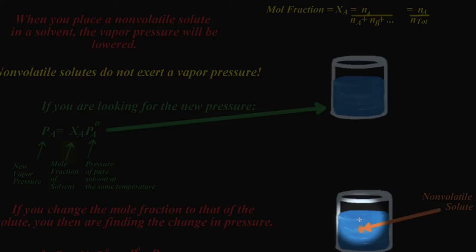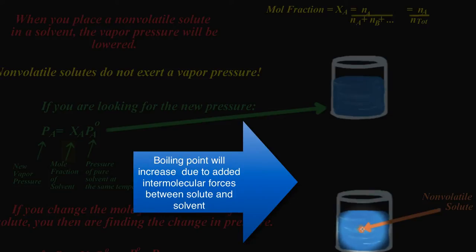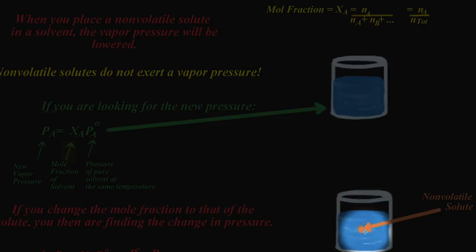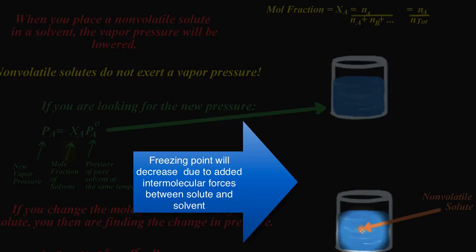This is due to the additional IM forces, intermolecular forces that occur between the solvent and the solute, thereby making it harder for things to escape out as a gas, increasing the boiling point, hence a boiling point elevation. And then there's the difficulty of those extra bonds to be frozen, so then it decreases the freezing point, again, due to IM forces. And then you get a freezing point depression.